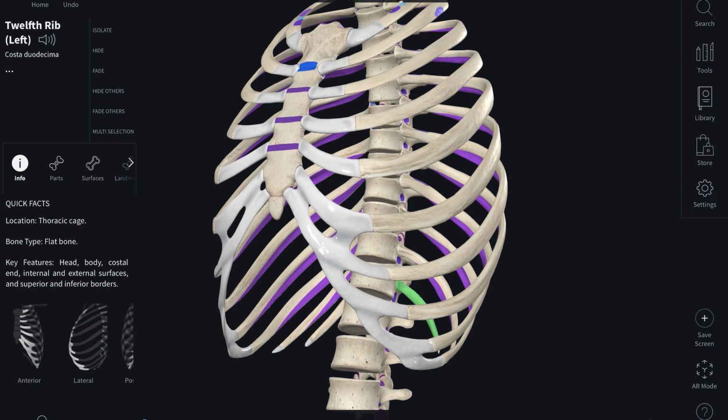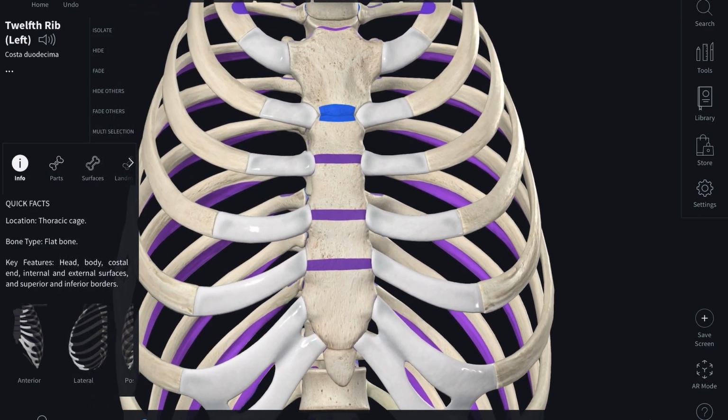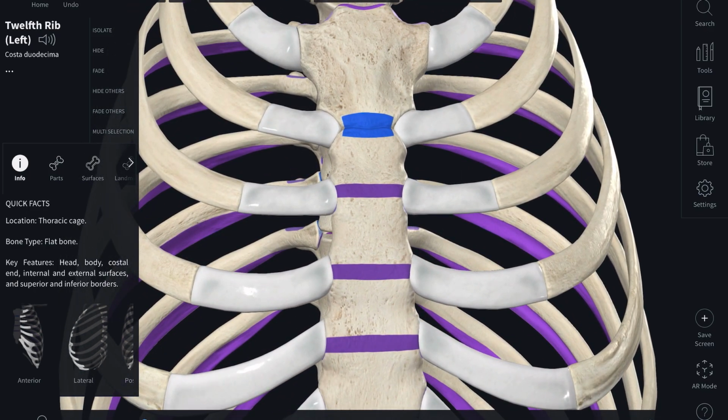The other thing that I really want to share with you from this one is your auscultation areas. So like areas that your doctor is going to listen to certain parts of your heart, especially the valves.